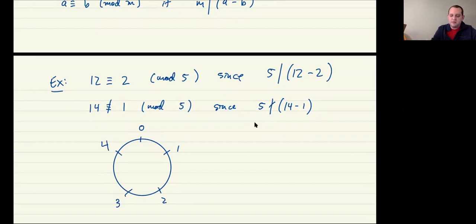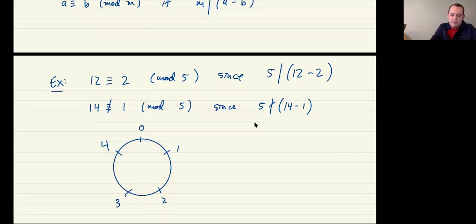And addition refers to, so if I think about 12 being congruent to 2 mod 5, what that means is that if I were to start at 0 and count to 12, we will go 1, 2, 3, 4, 5, 6, 7, 8, 9, 10, 11, 12. And we would end up at 2. So 12 is congruent to 2 mod 5. Okay, so we can think of working mod 5 as working along this clock.